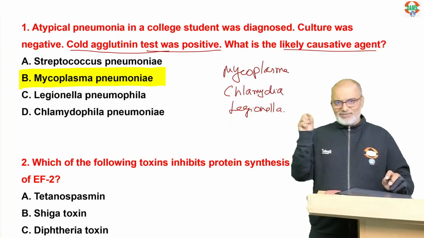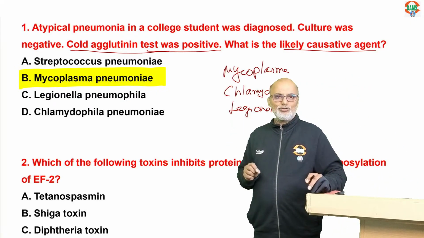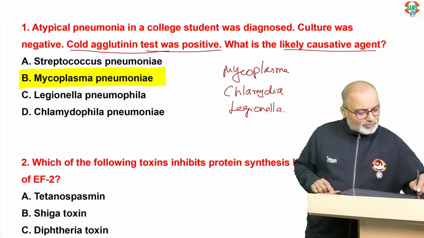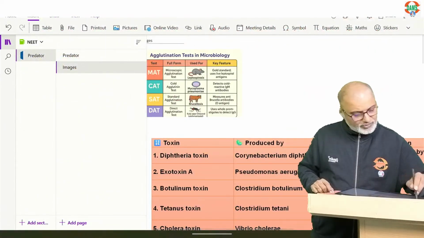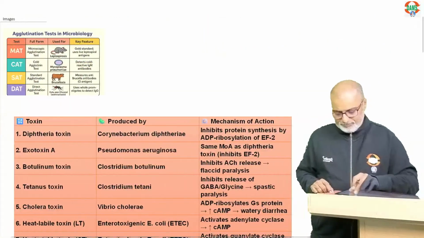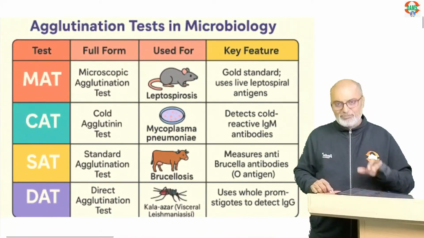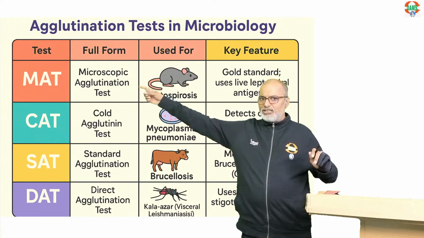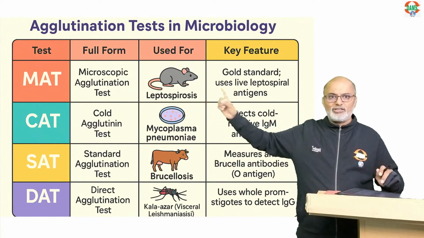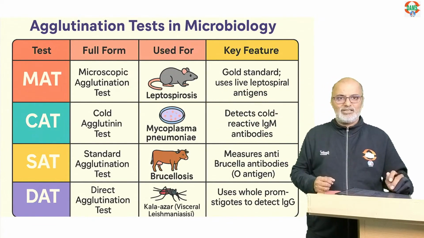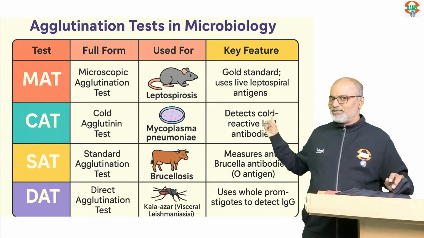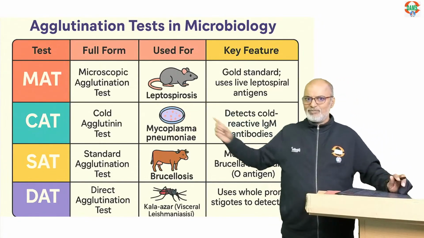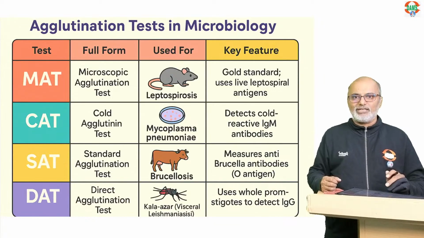You should know about the name of the test. Sometimes the test will give you a clue to choose the correct answer. For example, see carefully here. We call it microscopic agglutination test, MAT. Leptospira, that is a gold standard test. Second one is CAT. CAT is Mycoplasma pneumoniae.